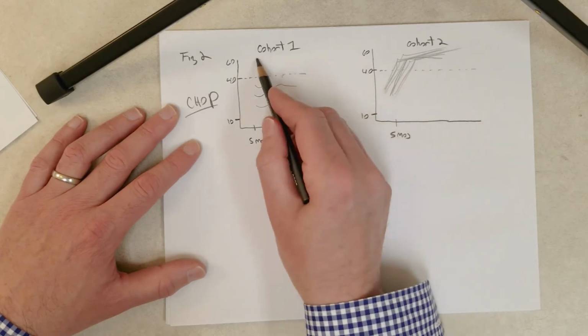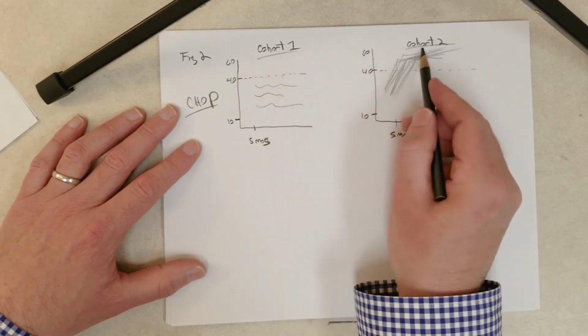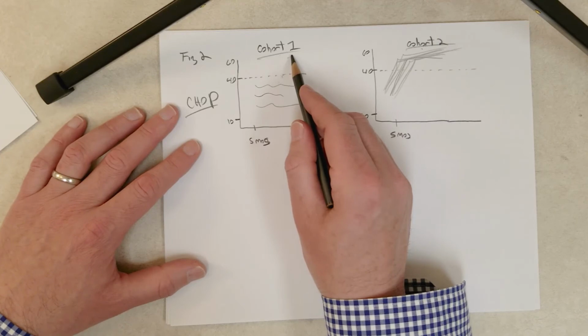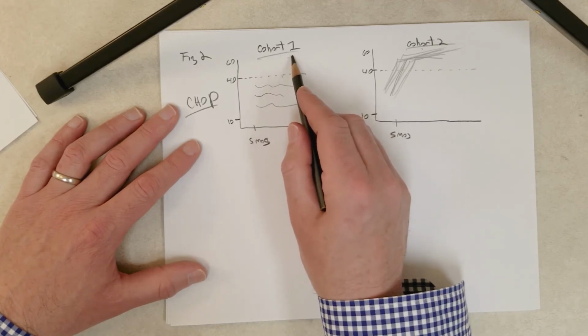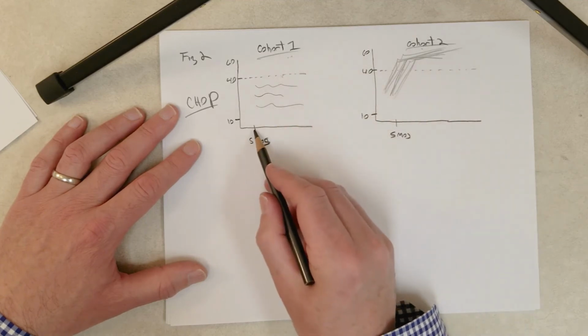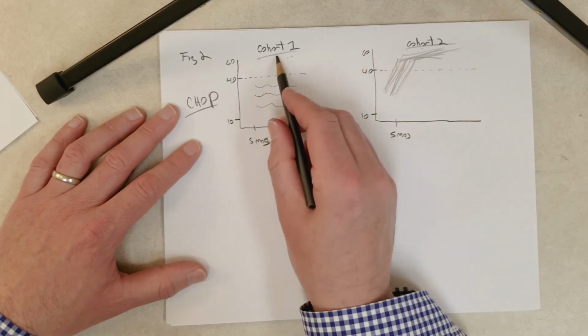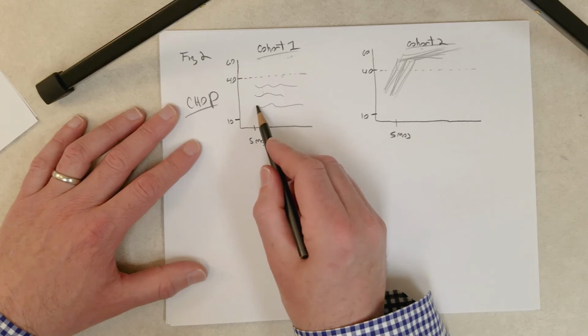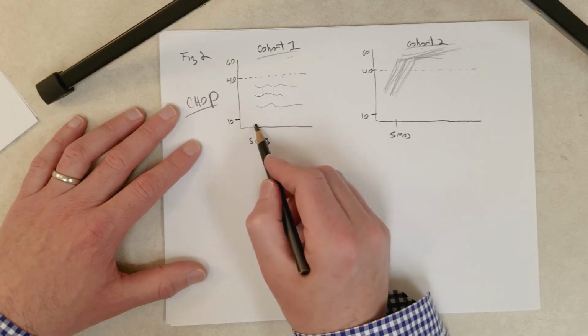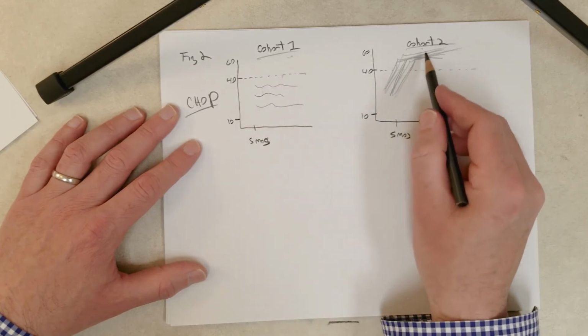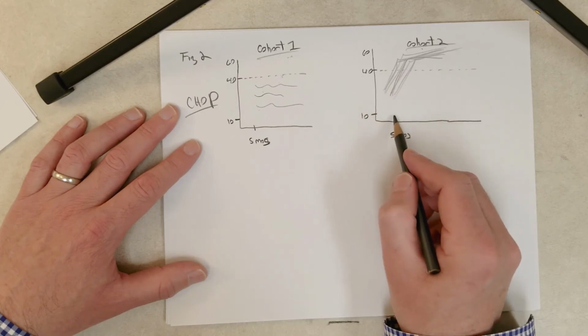And the difference between cohort 1 and cohort 2 was mostly the viral titer, so the number of viral particles injected intravenously into the patients. And while the 3 patients in cohort 1 were treated after 5 months, most of the patients in cohort 2 were treated early, before 5 months.